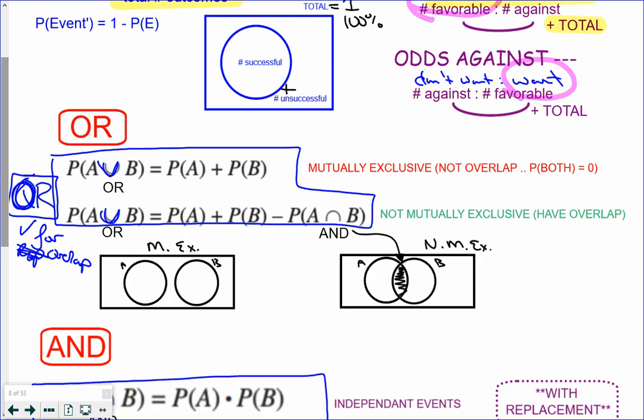You have to check, is there a way to go for a walk and go shopping? I guess technically you're walking from store to store, so technically that is possible. It's exercise. If there's no overlap, we call those mutually exclusive. If there is overlap, we call it not mutually exclusive. These are the matching Venn diagrams. So no overlap, overlap.